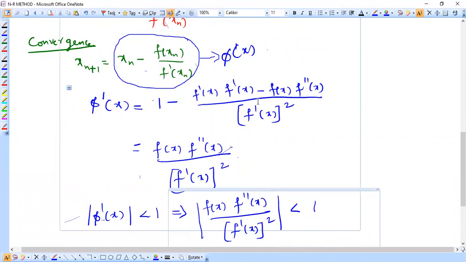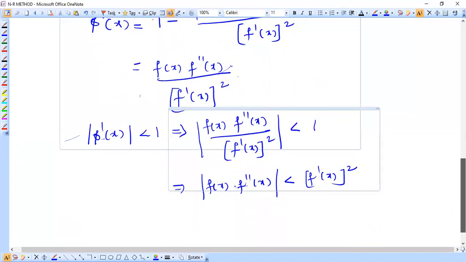The u by v formula we have used, and then we'll be left with f of x into f double dash of x by f dash of x whole square. And what is our condition for the convergence? Modulus of phi dash x less than 1. And this leads to f of x into f double dash of x less than f dash of x whole square. So this is the condition for the convergence of the Newton-Raphson method.